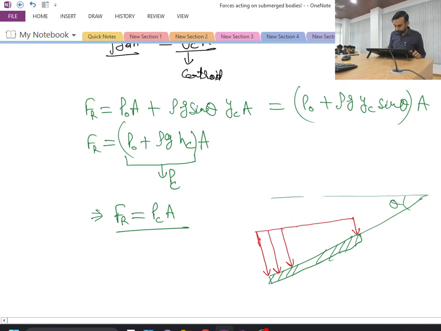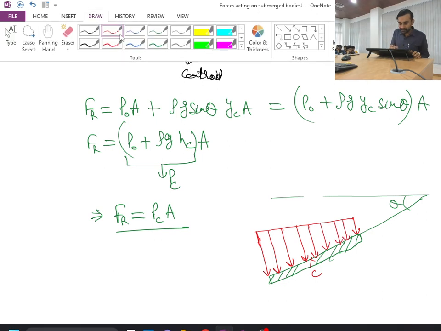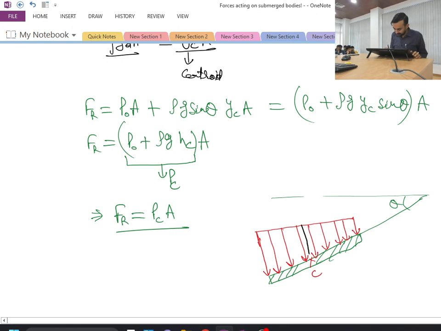Now this is the geometric centroid. So the value of pressure at the geometric centroid will be nothing but, because my pressure profile is linear, at the centroid, whatever the value of pressure I get will be nothing but the average pressure. Is this point clear? I have the linear profile and the centroid represents the geometric center because it is taken based on the centroid of the planar area, the first moment of area.